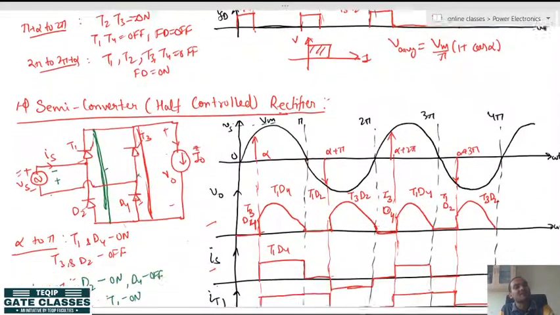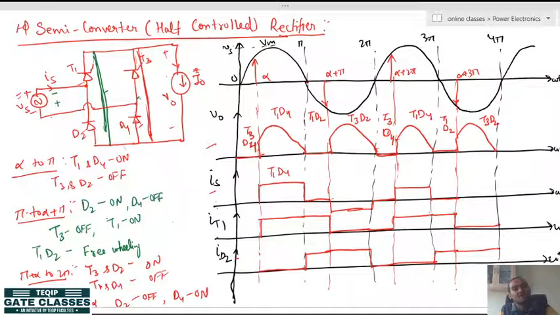But when you are using a semi converter, what you see is that in each cycle, each switch is still conducting for pi radians. See here, from alpha to alpha plus pi means pi radians, from pi to 2 pi means pi radians.